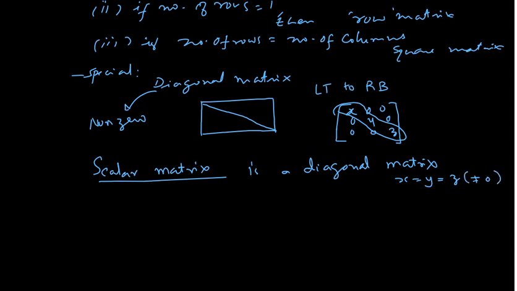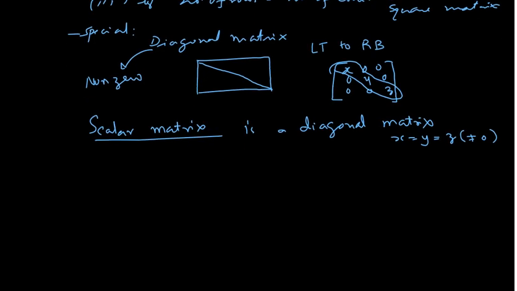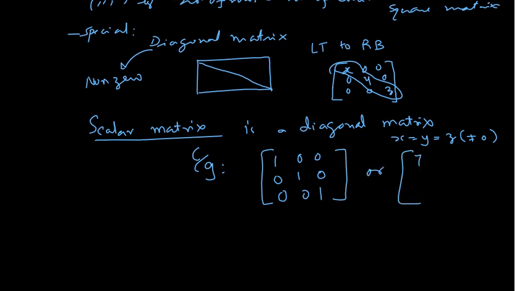So definitely some number should be there. For example, you can have 1, 1, 1, or it can be 7, 7, 7. So they must be equal. These are the examples of scalar matrix.